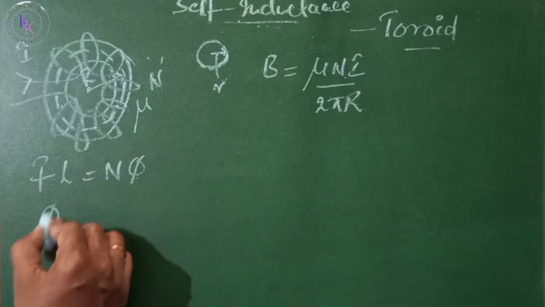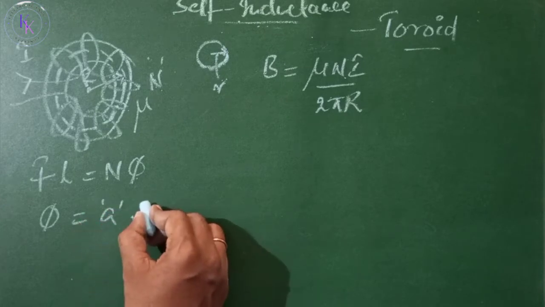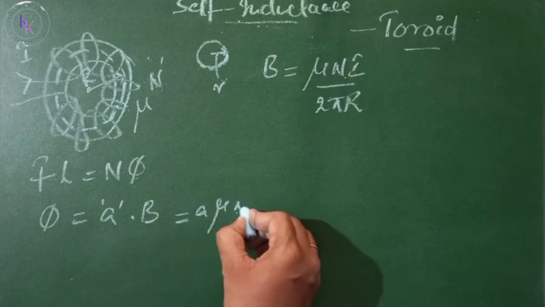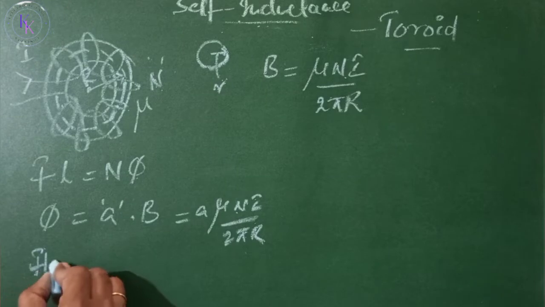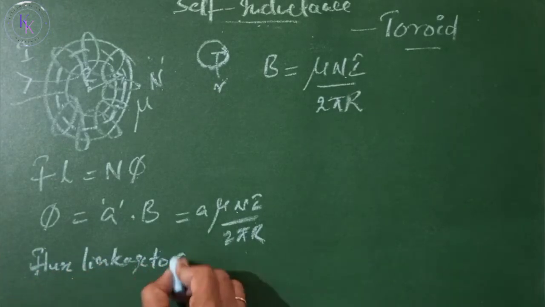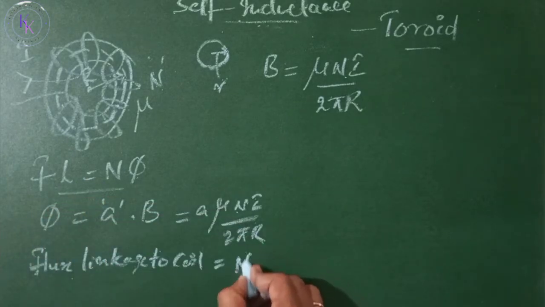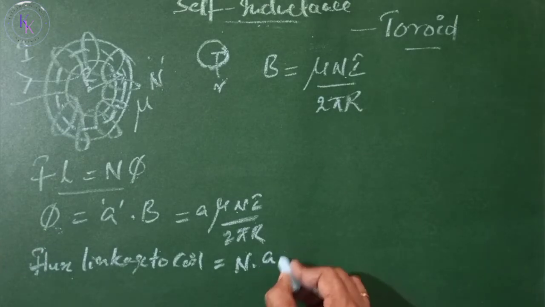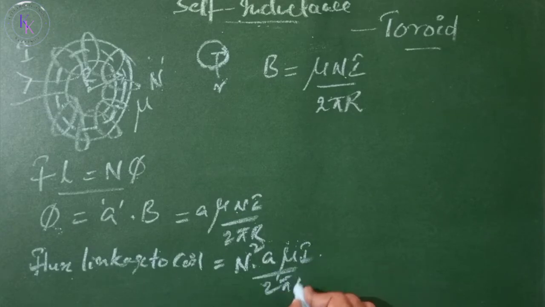We know that the flux is given by area multiplied by the flux density, B, which is A mu N I by 2 pi r. Flux linkage to the coil, that is N into phi, is equal to N A mu N I by 2 pi r, that is N square A mu I by 2 pi r.